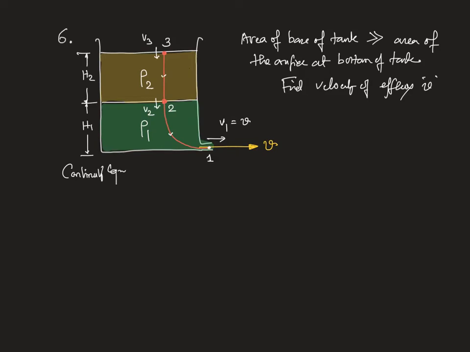See, say small a is the area of the hole, the orifice, and capital A is the area of the base of the tank.